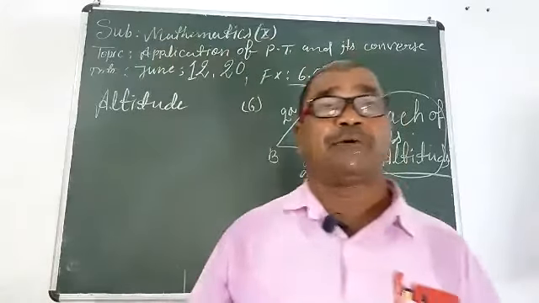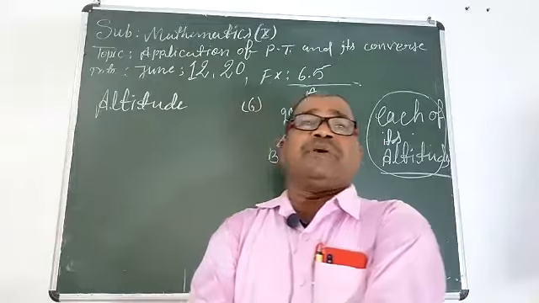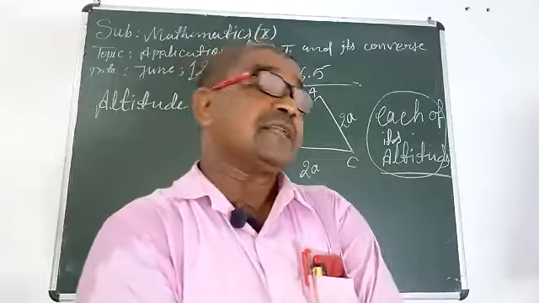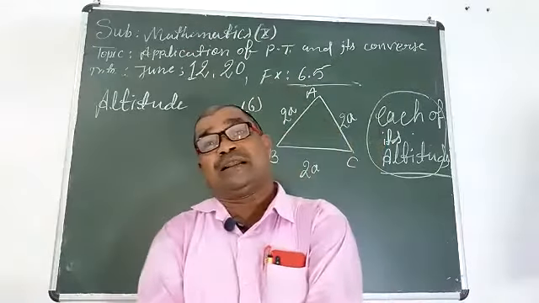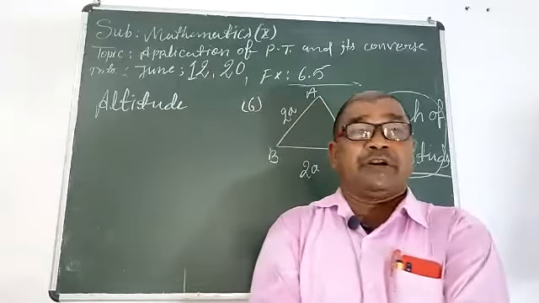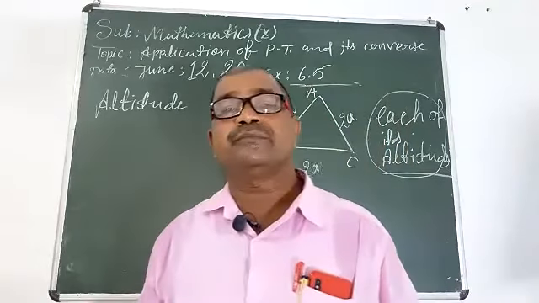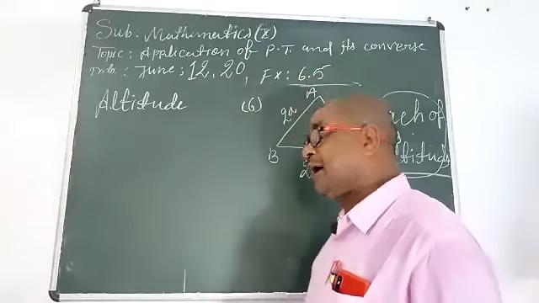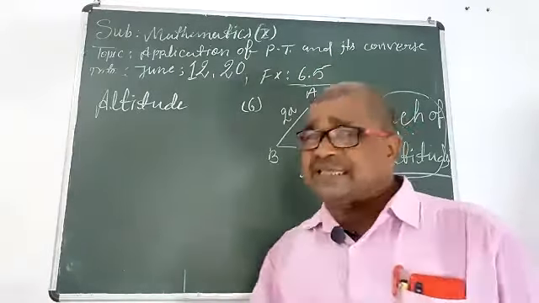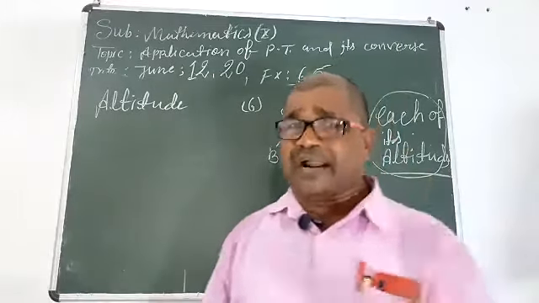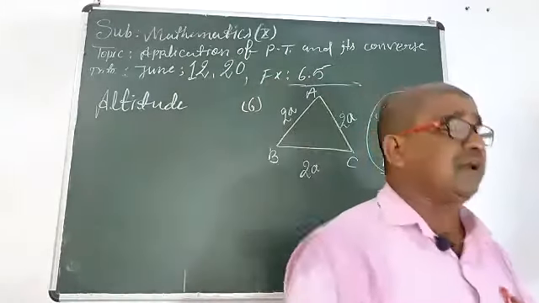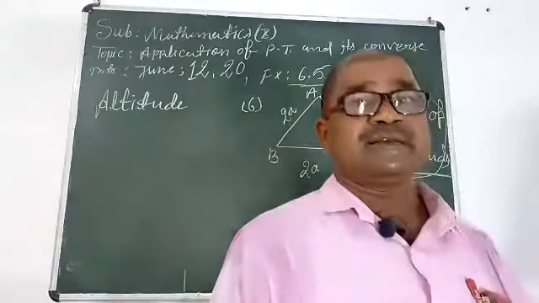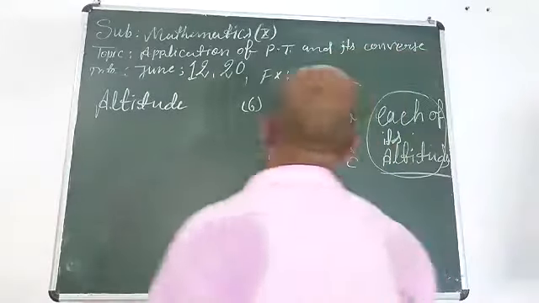Because the triangle is equilateral, the lengths of its altitudes are equal. No doubt in it, student. So we should draw a single altitude, and according to a single altitude, we can say the lengths of altitudes are equal. Very good.